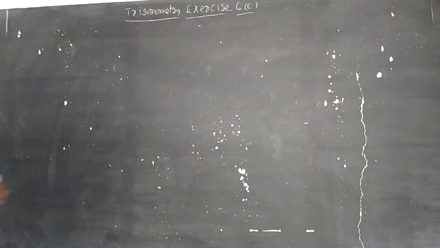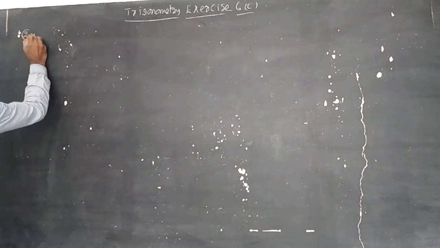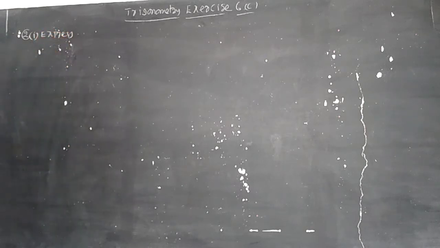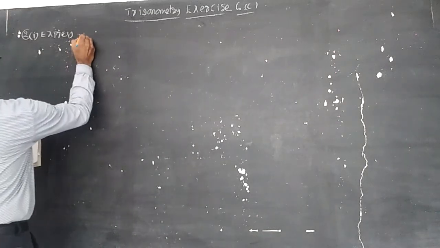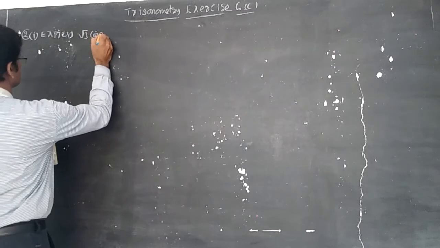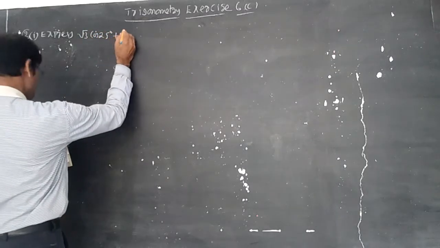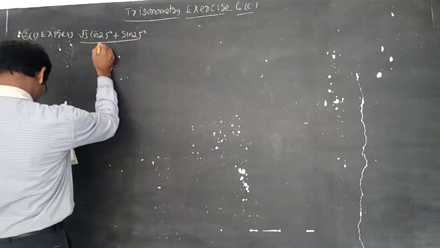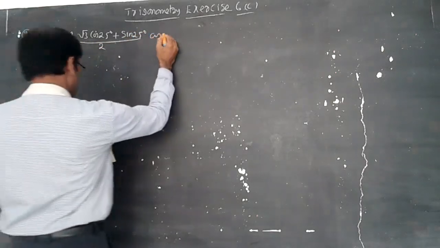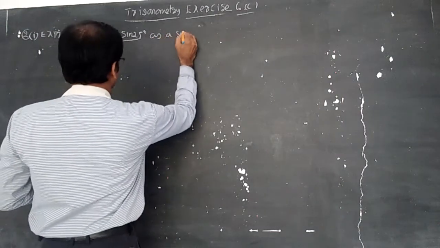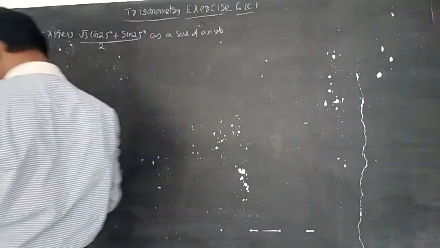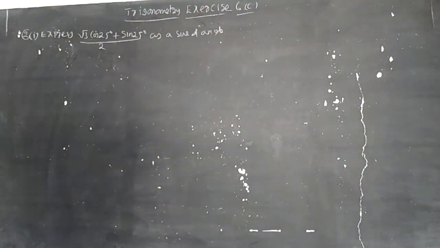Second question, first one, express root 3 into cos 25 degrees plus sin 25 degrees by 2 as a sin of an angle.